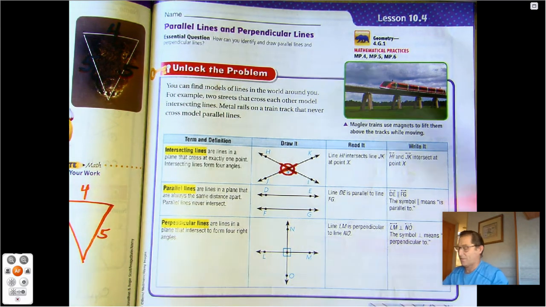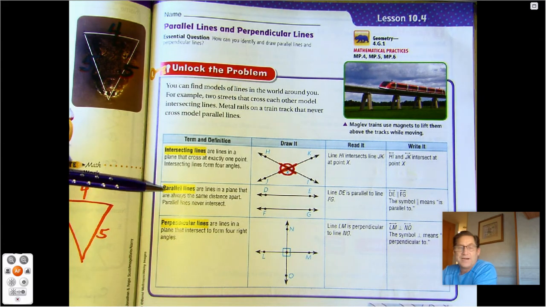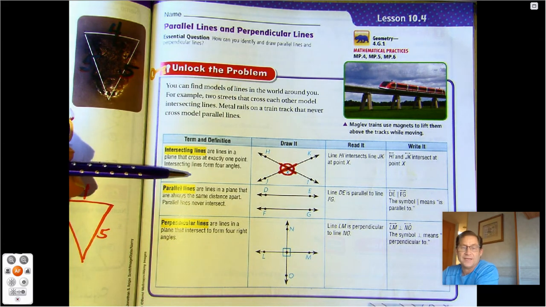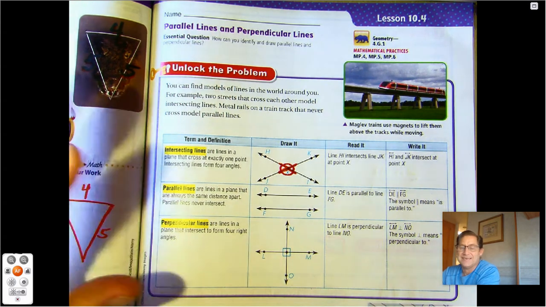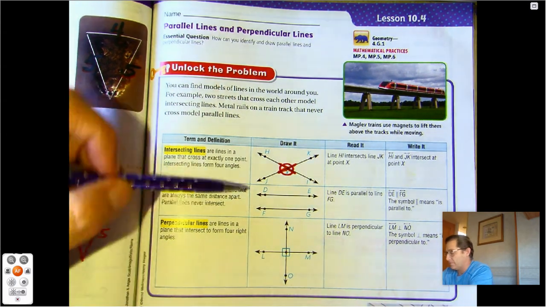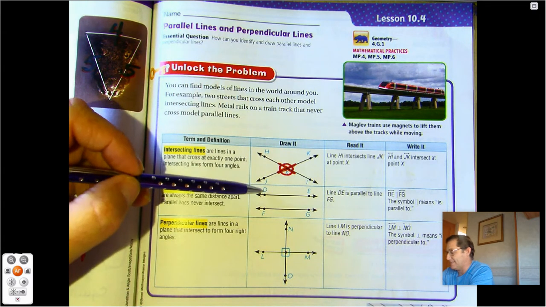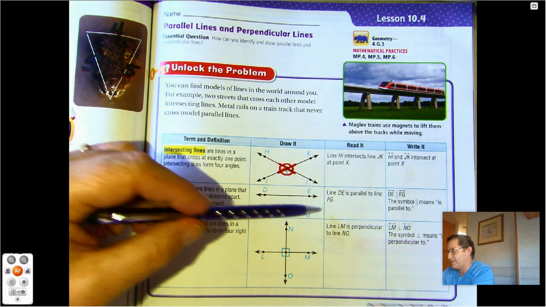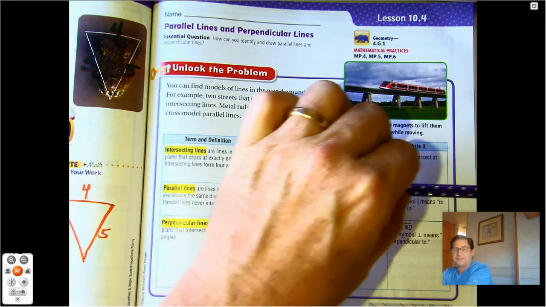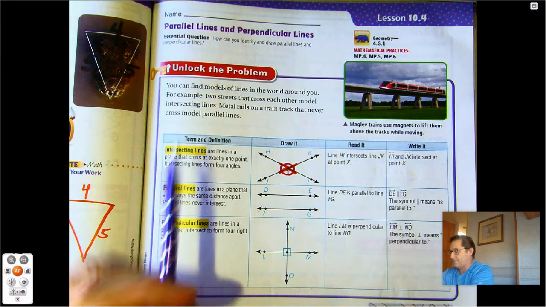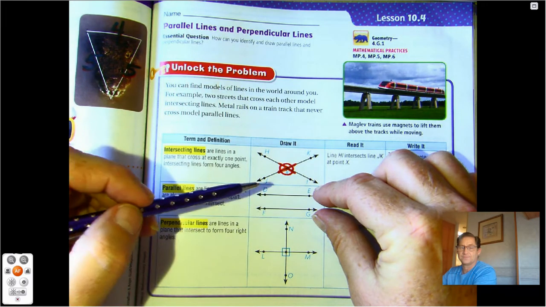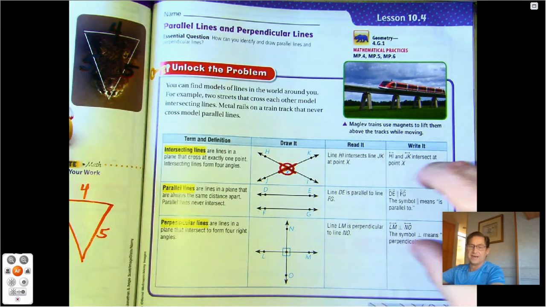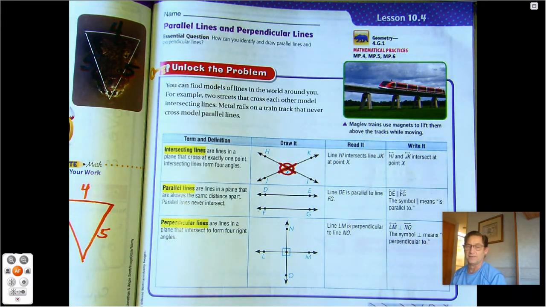We also need to know parallel lines. Parallel lines are lines in a plane that are always the same distance apart. Parallel lines never intersect. So here we have two lines, line DE and line FG, going in the same direction, and they're the same distance apart all the way across. No matter how far I extend this line, it's always going to be the same distance apart.